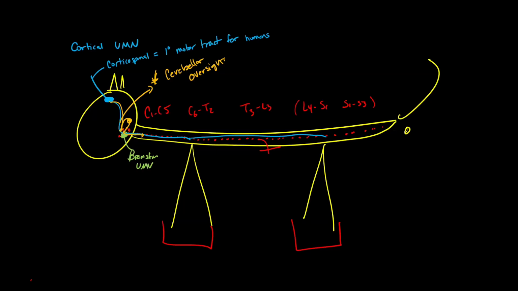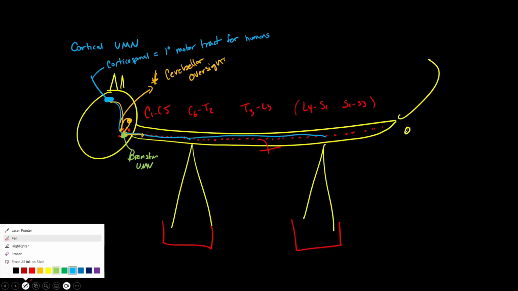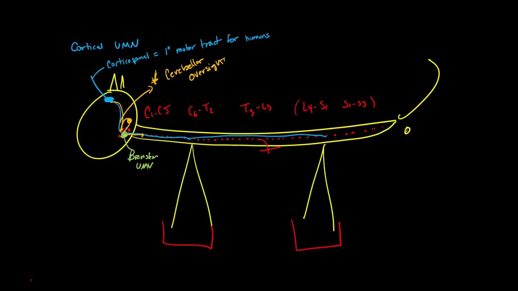In comparison, if we start looking now at our green tract here, this green tract again does the same thing, goes all the way down. This is going to be our rubrospinal tract. This is the primary tract for quadrupeds.